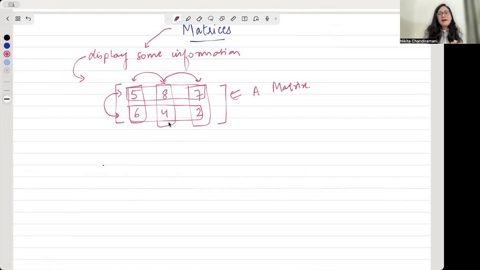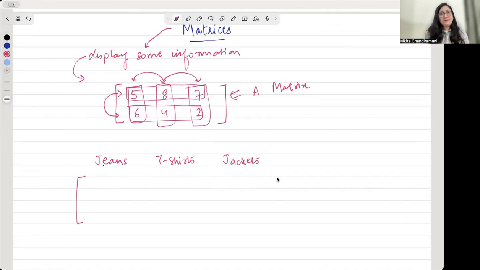Okay, if I have to display some data of a shopping center, let's say there were some jeans that were sold, some t-shirts that were sold, some jackets that were sold. So I'm going to make jeans, t-shirts, and jackets as the columns.